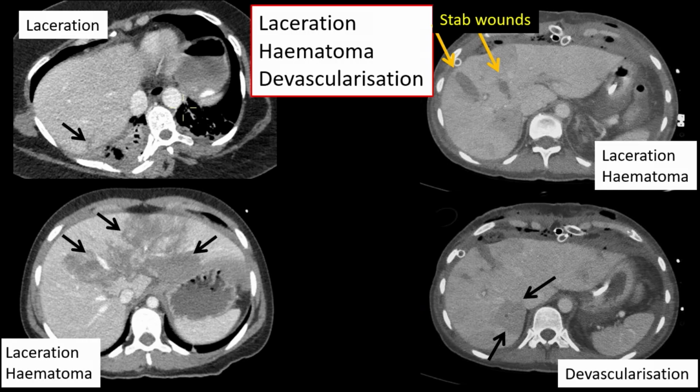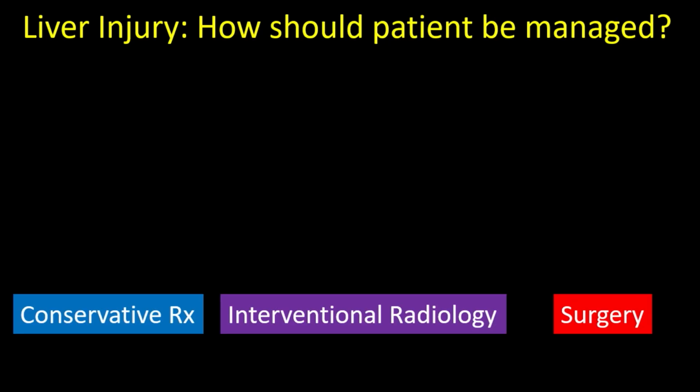Here's a patient who was stabbed, and you can see where the knife wound has gone in, there is definitely laceration and hematoma. But when you look more distally, there's this region of devascularization as well. It's often quite hard to work out where the devascularization is. If you use the portal phase imaging, or sometimes you can't see it on the initial imaging and you see it on the 48-hour CT, that will help you to identify the devascularized area.